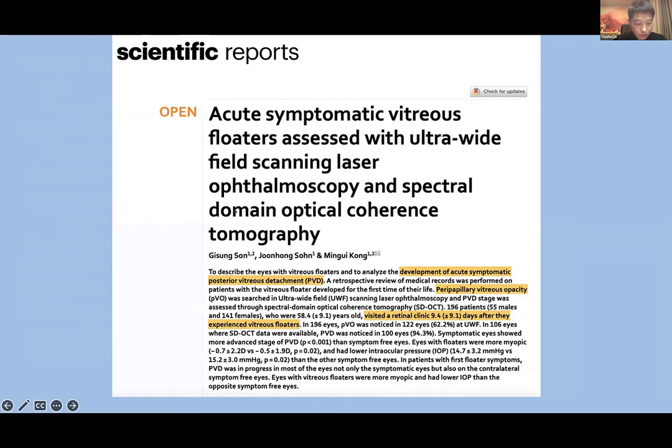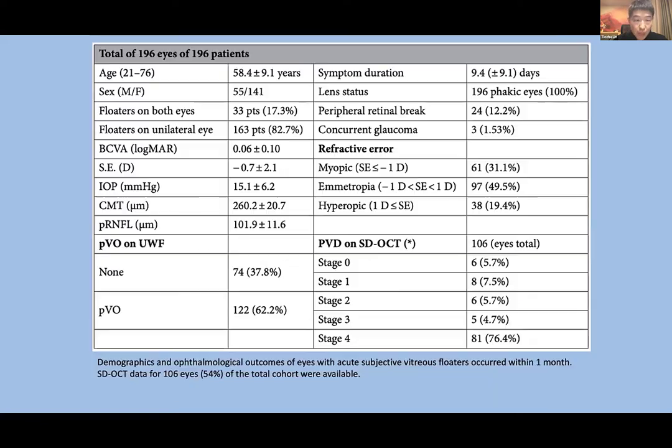There are a few articles about Optos imaging for vitreous floaters. This paper is from Scientific Reports. Singh used Optos in acute posterior vitreous detachment. In total, 196 patients were included, 55 males and 141 females.